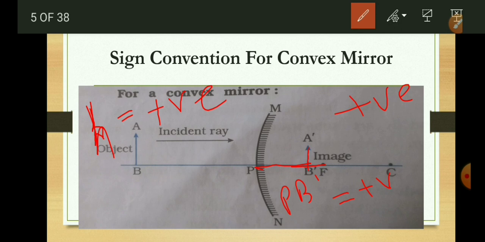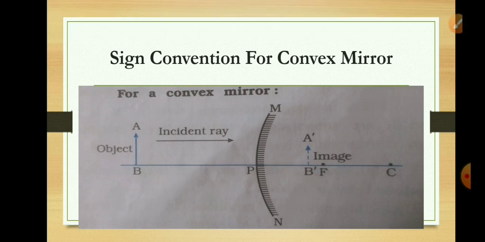Now, height of image formed by convex mirror is always positive, as it forms an erect and virtual image. So in case of convex mirror, the height of image, h dash, will always be positive, as it forms an erect, virtual image behind the mirror.